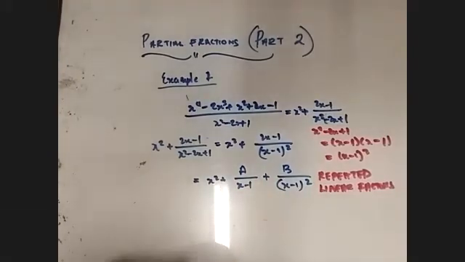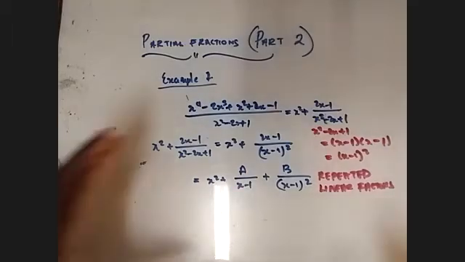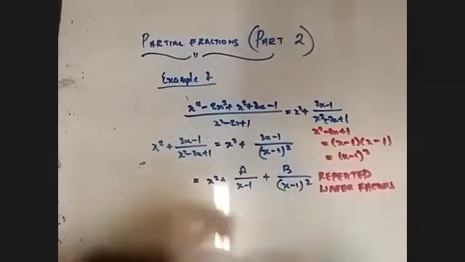Most of the time, we are going to see repeated linear factors together with repeated irreducible quadratics. Most of the time, they like to put them together. That's how the question will come.